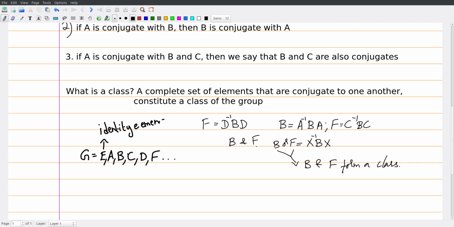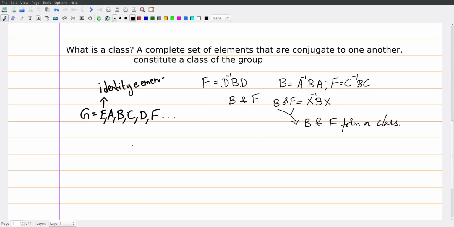Okay, so what does this mean? Now I am taking some element B and I am taking X, where X can be A, B, C, D, F and so on.